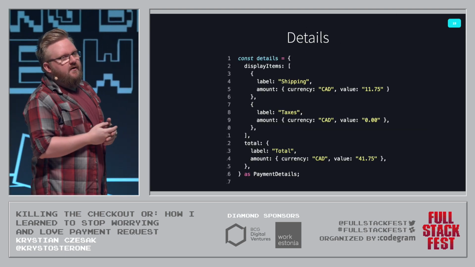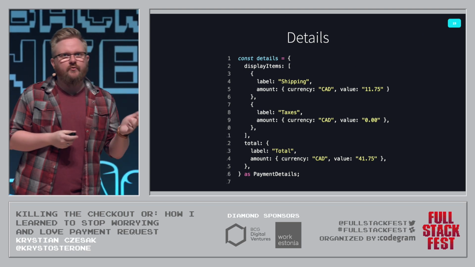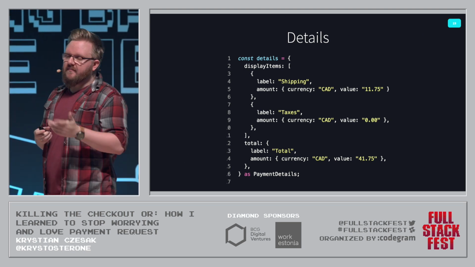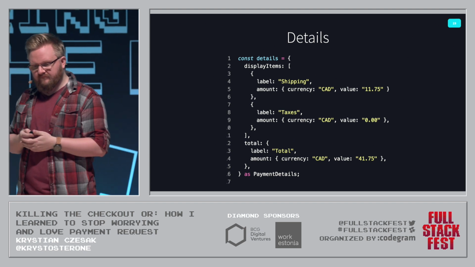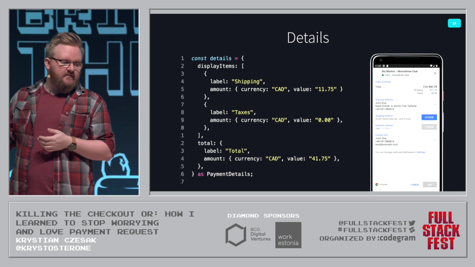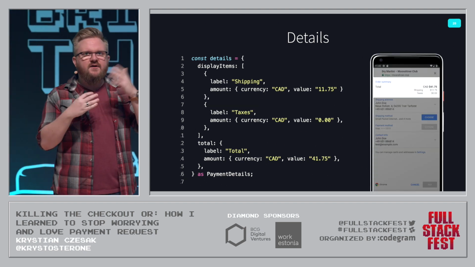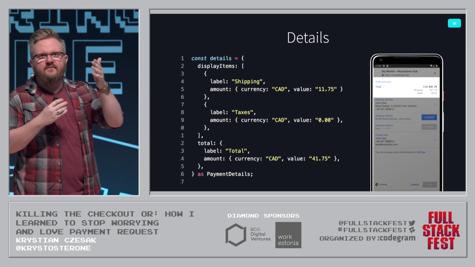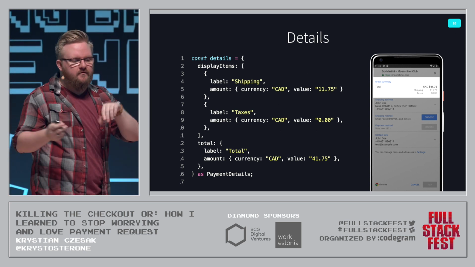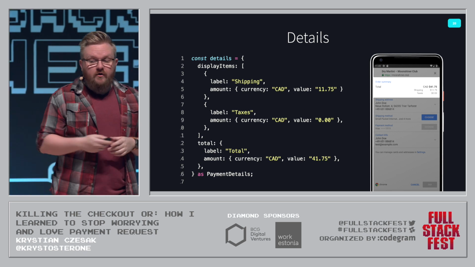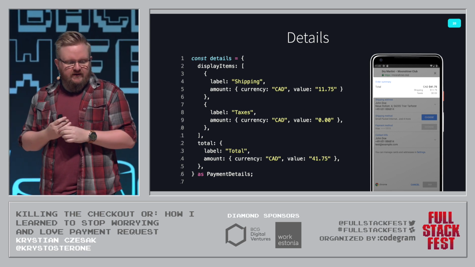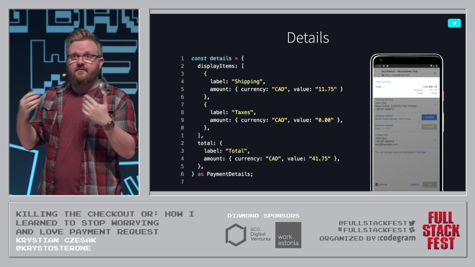So for details, you have something like this: display items and total. Those display items are not mandatory, whereas total is. And this equates to something like this in the sheet, right? So think of it as the order summary receipt that you have to present to the user. Now, one interesting thing to note here is the total is not calculated by the sheet.